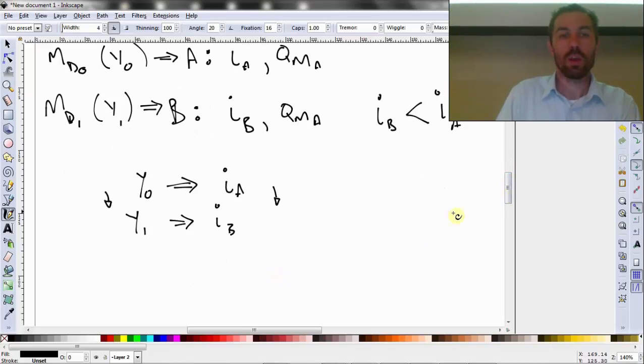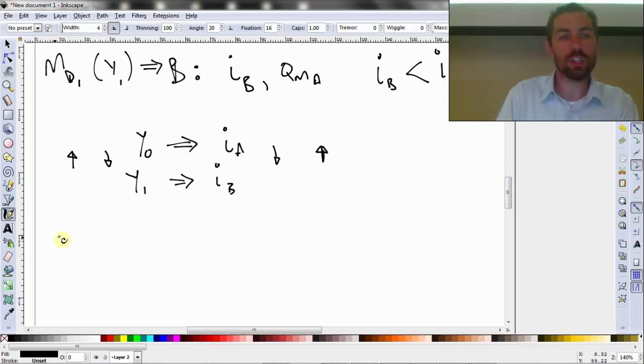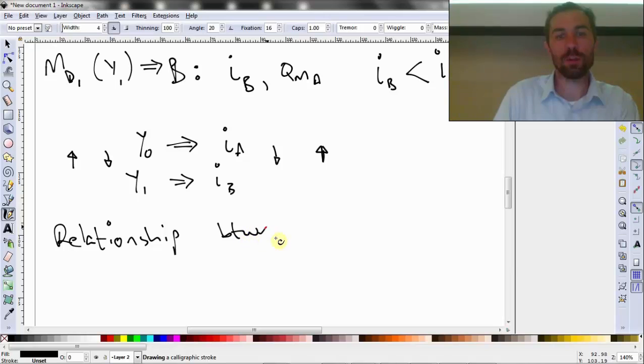Okay. Conversely, obviously, when output increases, what's going to happen to my interest rate? It's going to increase. So what then is the relationship between output and interest rates in the money market?